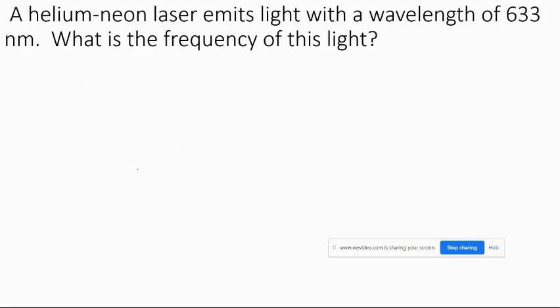Okay, so here we are solving for frequency in our problem. When we're solving for frequency, we have two equations that we can use. We have this one and we have this one.